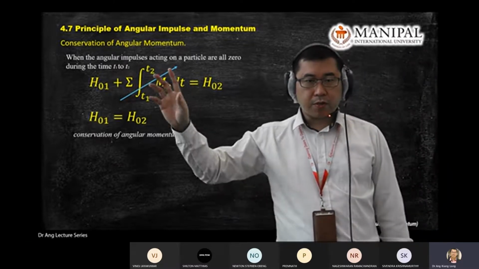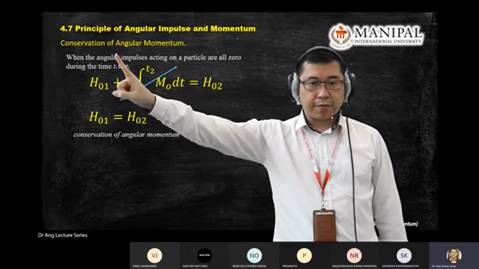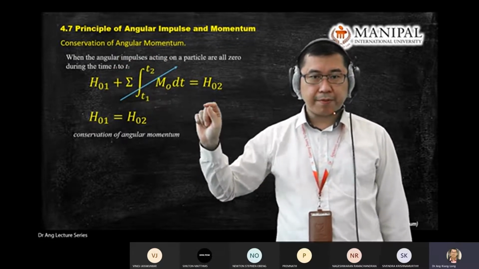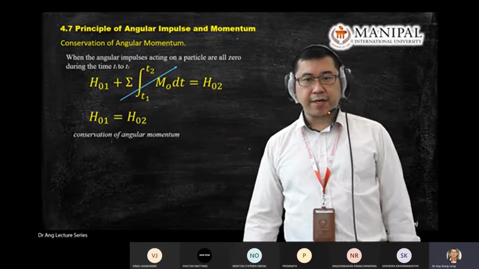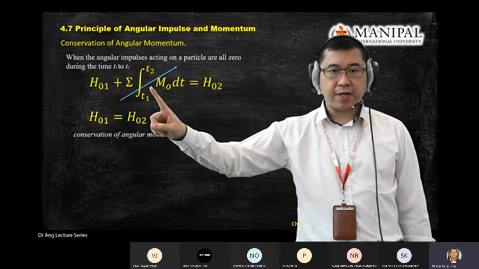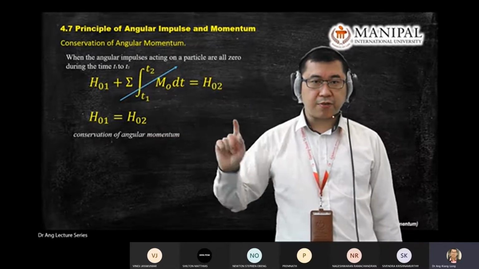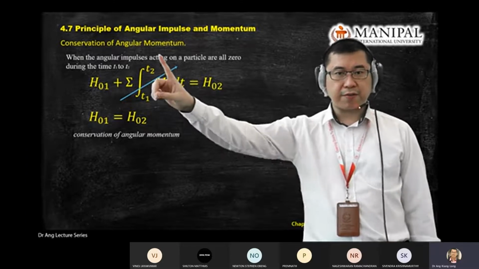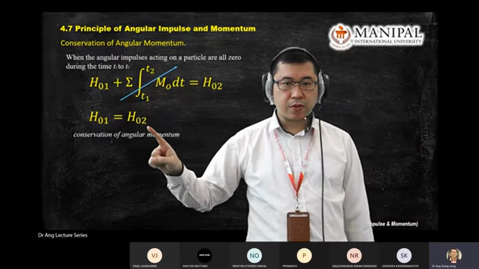Okay, so when you talk about conservation of angular momentum, you don't have angular impulse there. You don't have angular impulse when you apply the conservation of angular momentum. So H1 will equal H2.